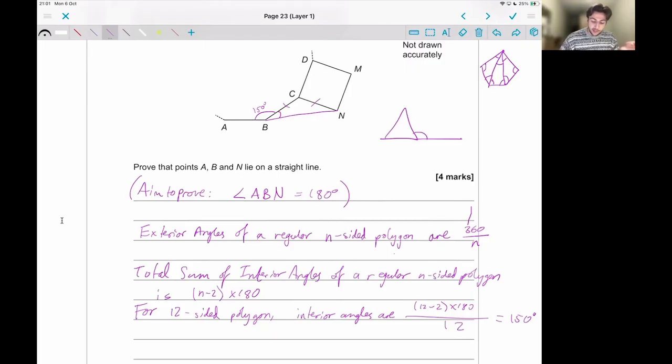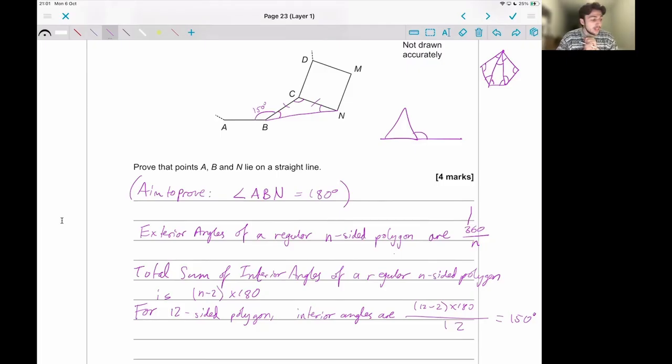So we know that this angle CBN is going to be the same as this angle CNB. And finally then, to work out what CBN is, we can work out what this angle is, and then use our triangle rule. So what's this angle at C, the angle BCN?